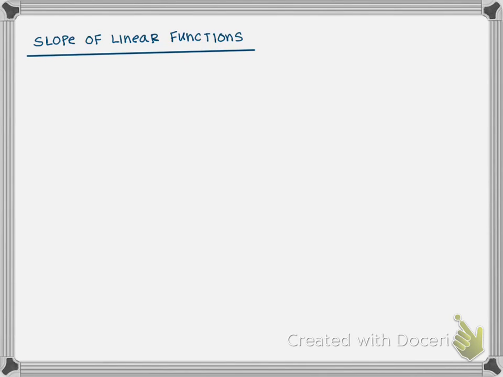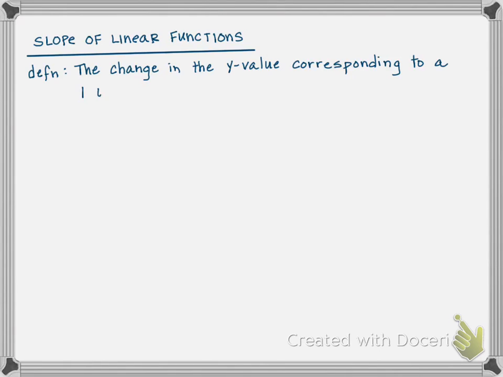The definition of the slope of a line is the change in the y value corresponding to a 1 unit increase in the x value.